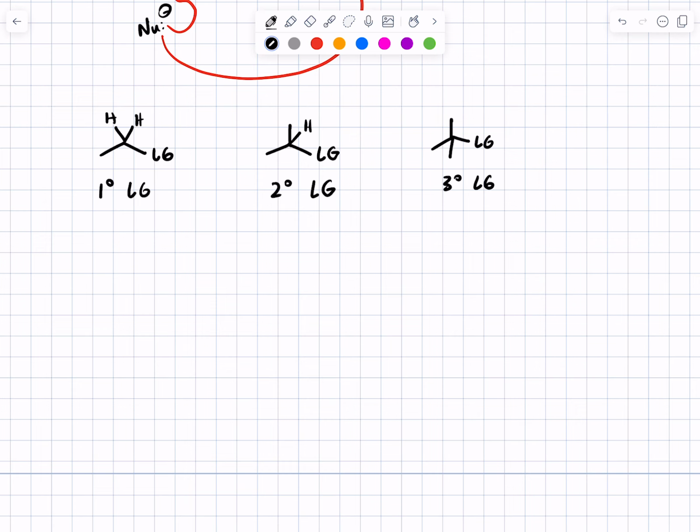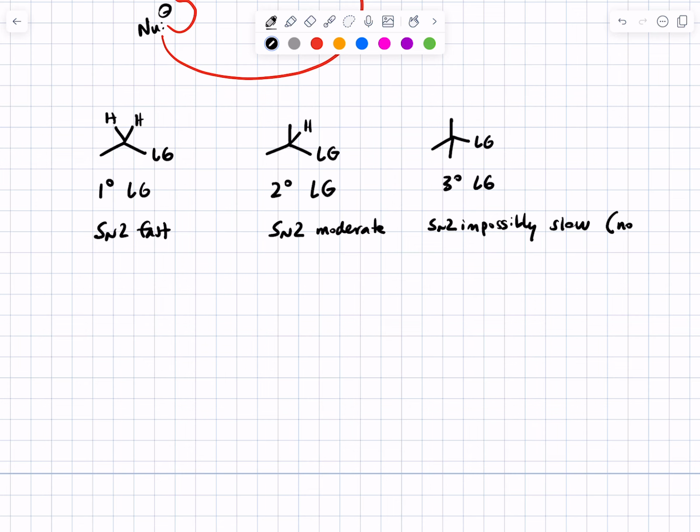It turns out that SN2 is fast for primary leaving groups. It is moderate for secondary leaving groups, and it is impossibly slow for tertiary leaving groups.